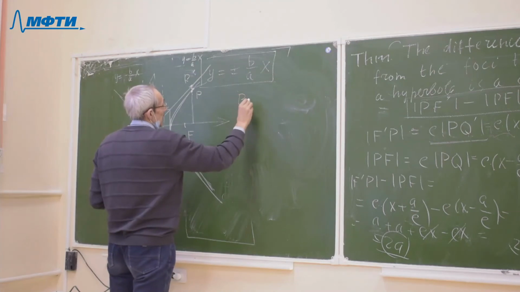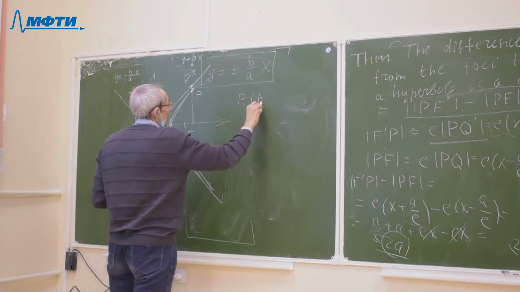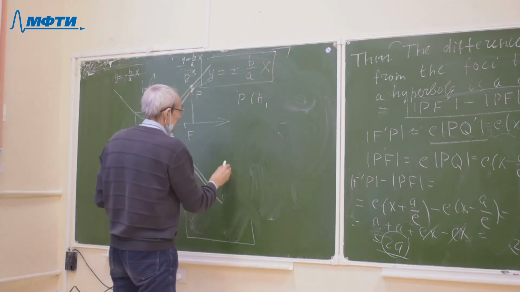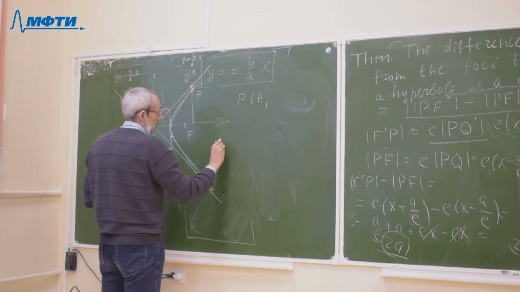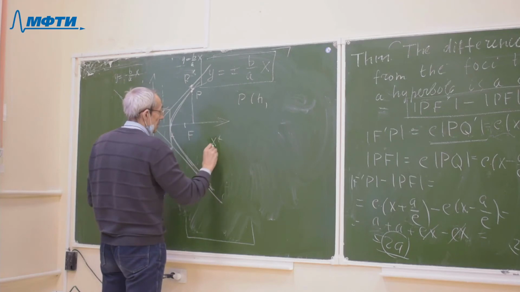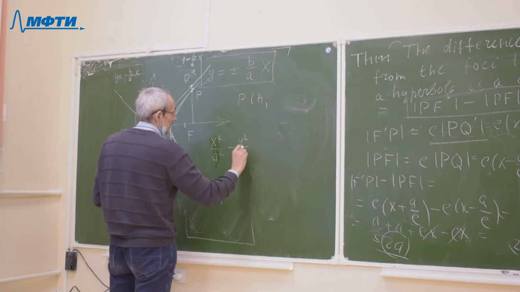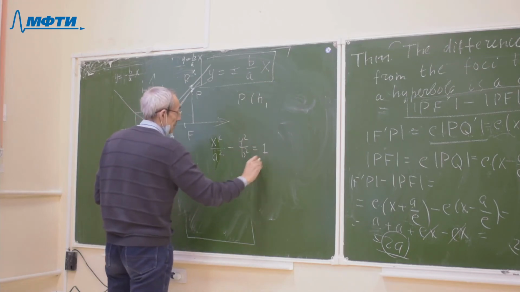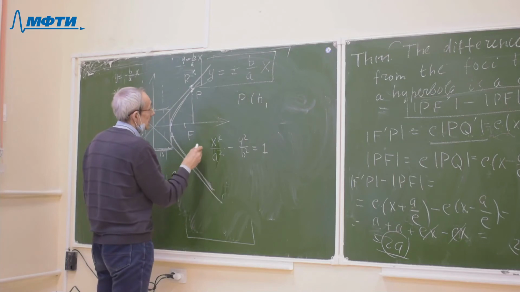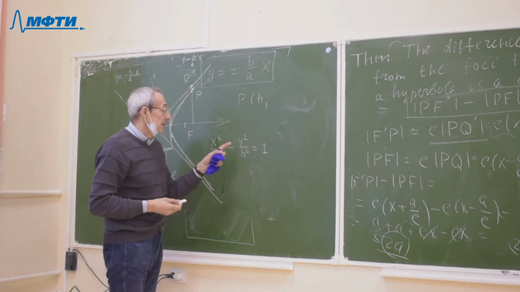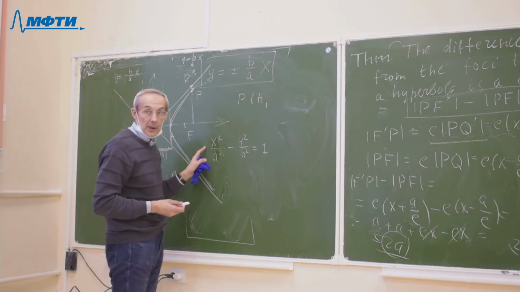P has coordinate h. We have the following expression for the hyperbola: x square over a square minus y square over b square is equal to 1. And in this case, we can express y in terms of x.